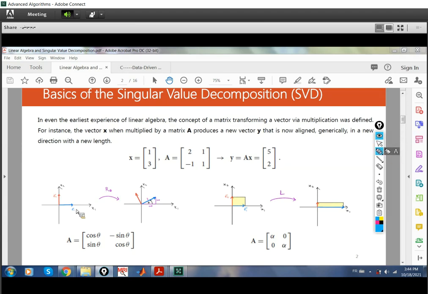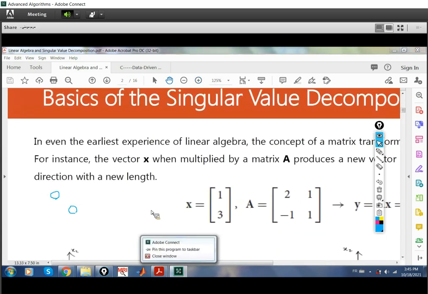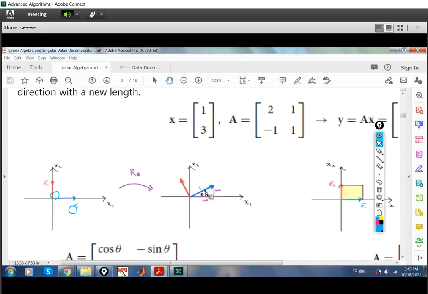For example, here you have E1 in these 2 directional coordinates and E2. If you consider the blue vector and you rotate this E1 with theta, pay attention to this figure.